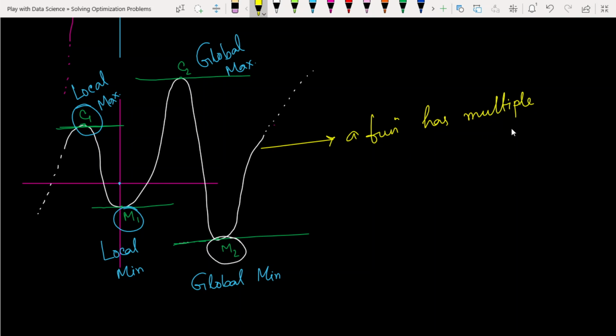If a function has multiple minima and maxima, then we come to the concept of local maximum and local minimum and global maximum and global minimum for multiple maxima and minima. Okay.